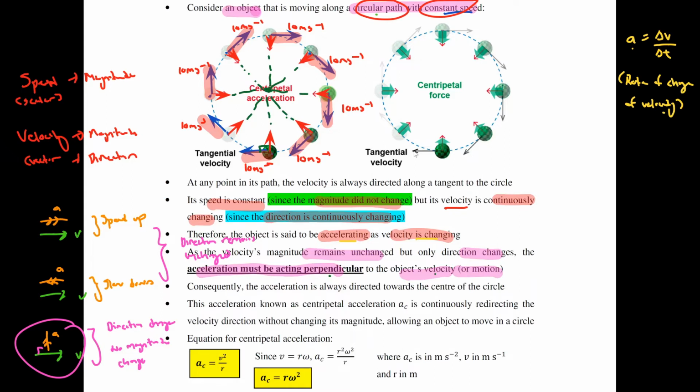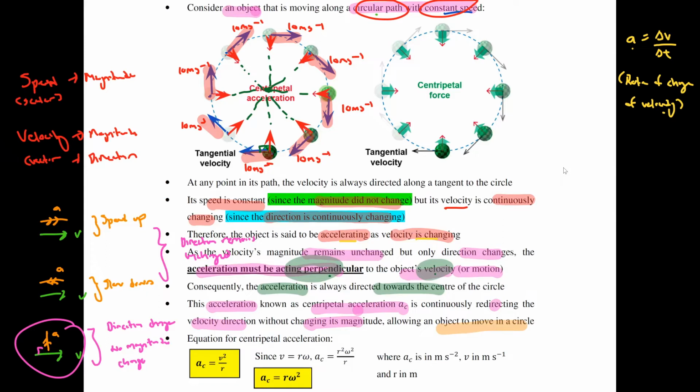So while it's correct to say it's acting perpendicular to the object's velocity, it will also be correct to say that the acceleration is always directed towards the center of the circle. Now, this acceleration has a very special name. It's called centripetal acceleration. This centripetal acceleration continuously redirects your velocity direction, but without changing its magnitude. And this allows your object to move in a circle in the first place.